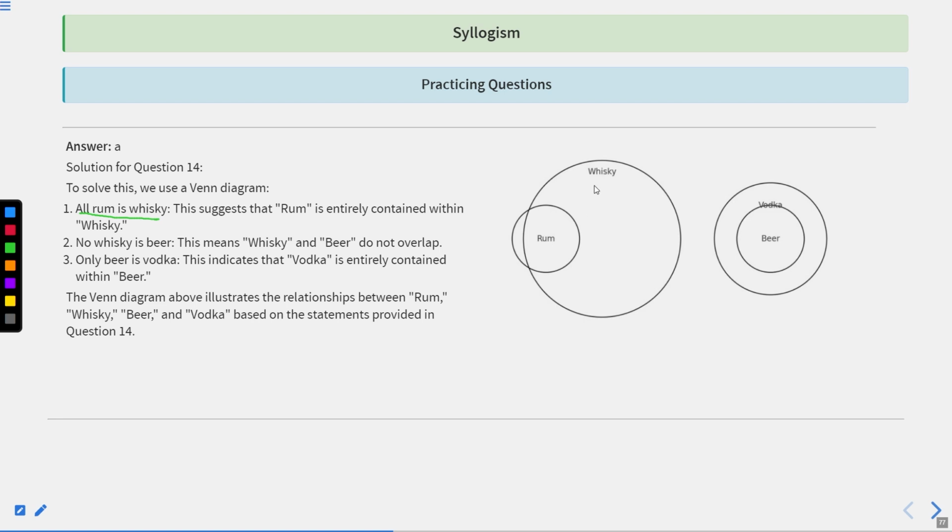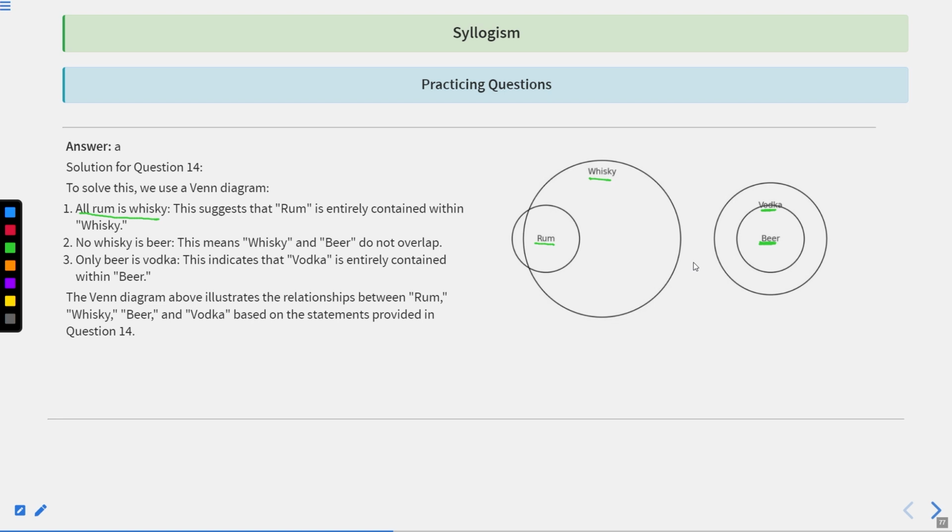Is this Venn diagram that is in front of you actually representing that? This is the circle which is representing rum, and this is the circle which is representing whiskey. The smaller one is representing vodka, and the bigger one is being represented by beer. Now, the question is, all rum is whiskey. Is this Venn diagram actually representing that, students?